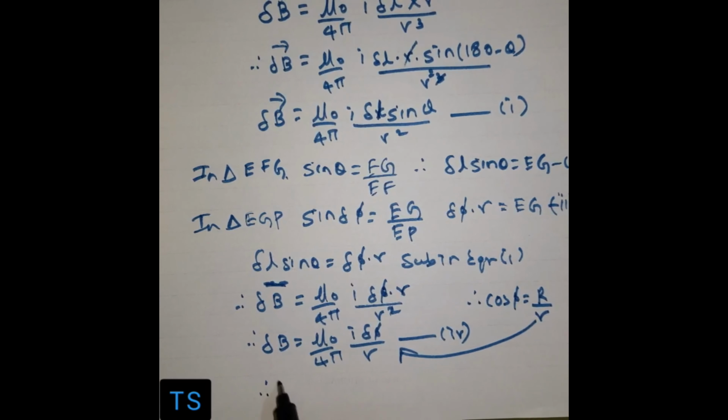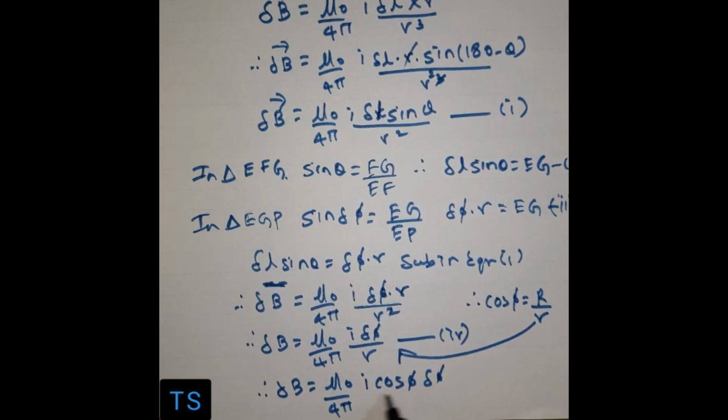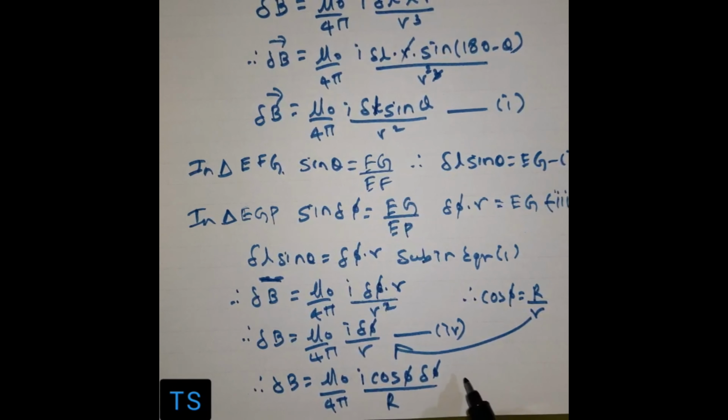Therefore delta B will be equal to mu naught by 4 pi. If I substitute the value of r over here, then this equation will transform into I cos phi delta phi upon R. Let us say this is my equation number 4, and this is the equation we need now.